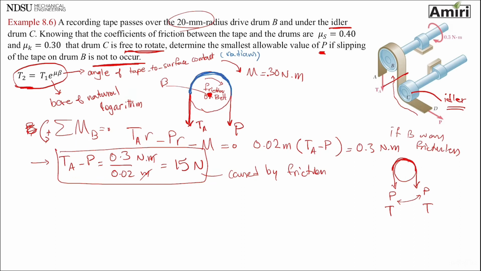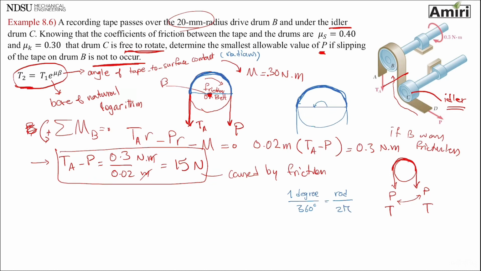In this case, the tape is contacting the drum over this angle, which is 180 degrees. To convert, 1 degree over 360 degrees equals whatever radians you're looking for over 2 pi.